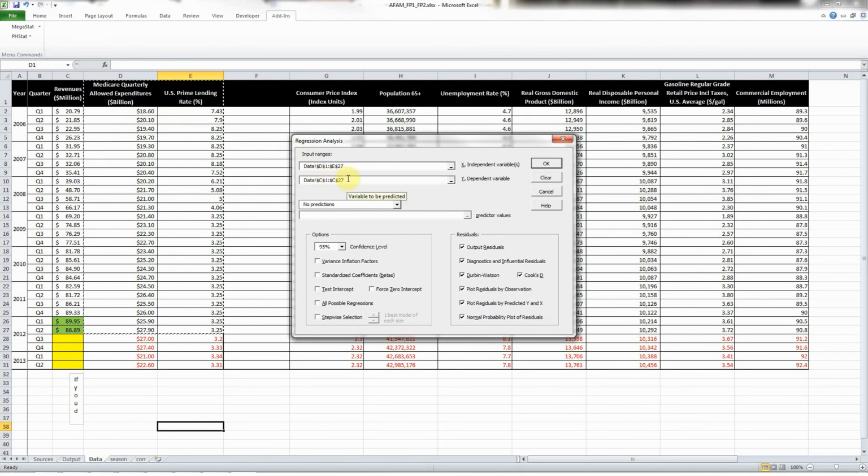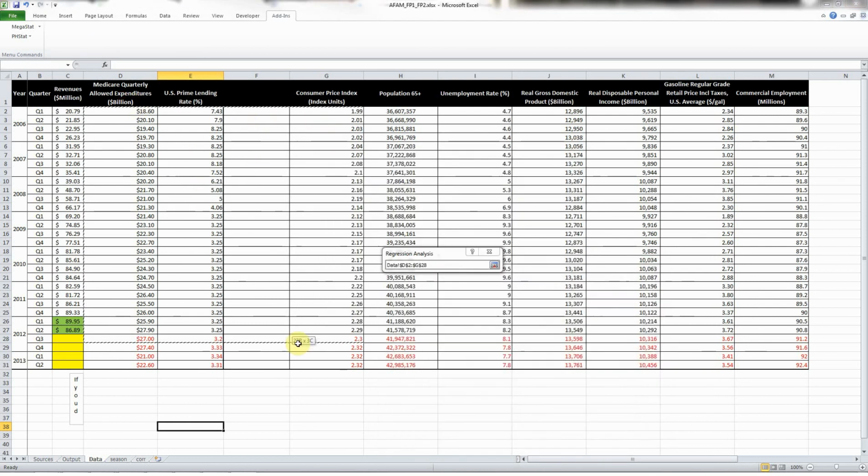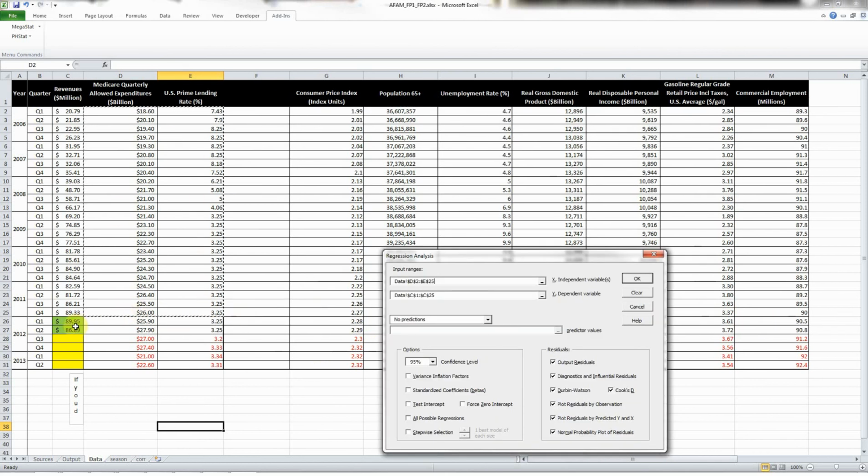I leave the input range the same, but the dependent variable I need to go down just to Q4 2011, and the independent variables, of course, I'm going to have to cut out those ones too, so I don't just go right to here like so. So I'm leaving all this out here. And now I want to predict these. I assume that I don't have them, using those.